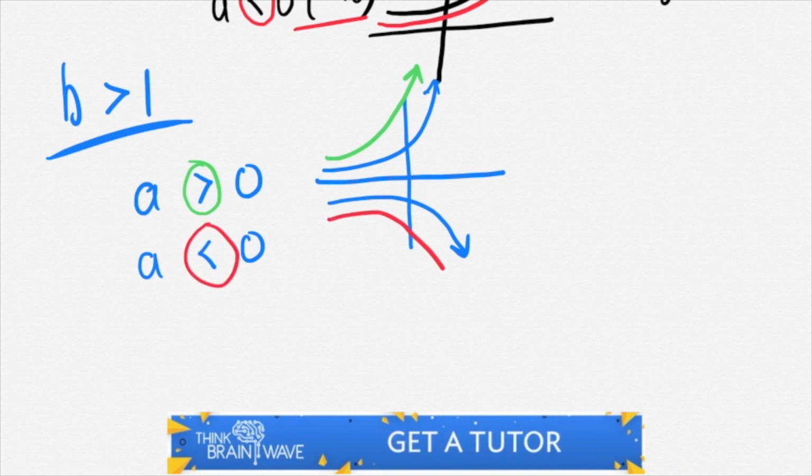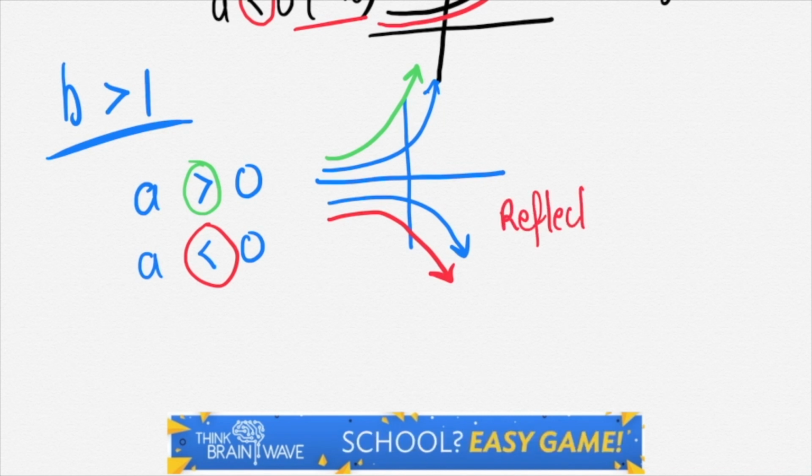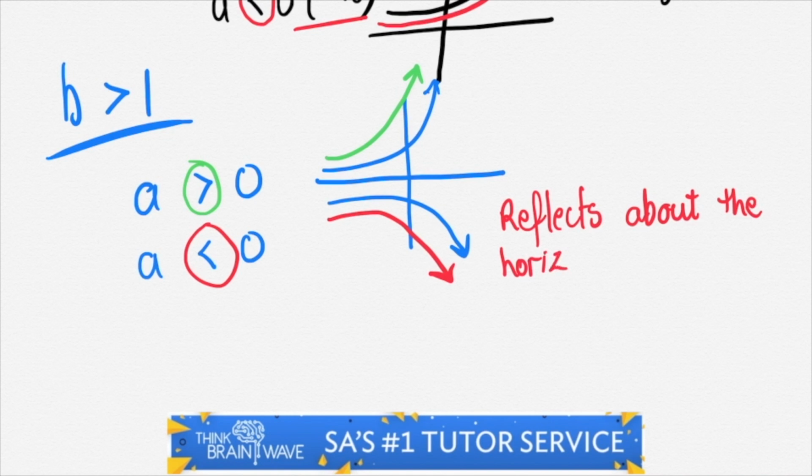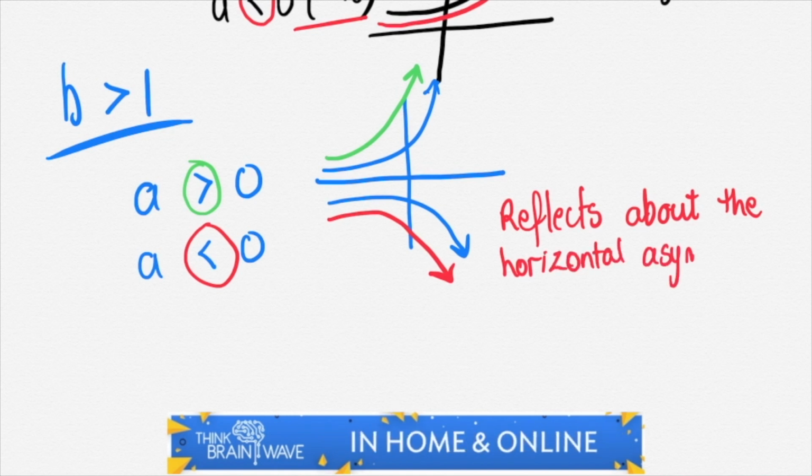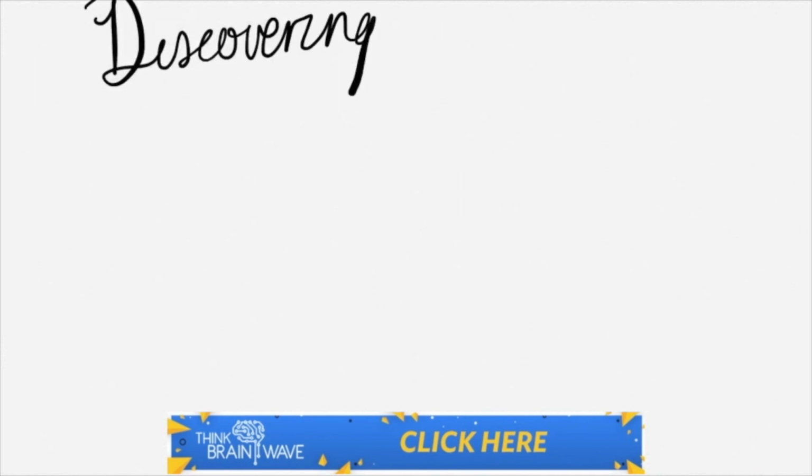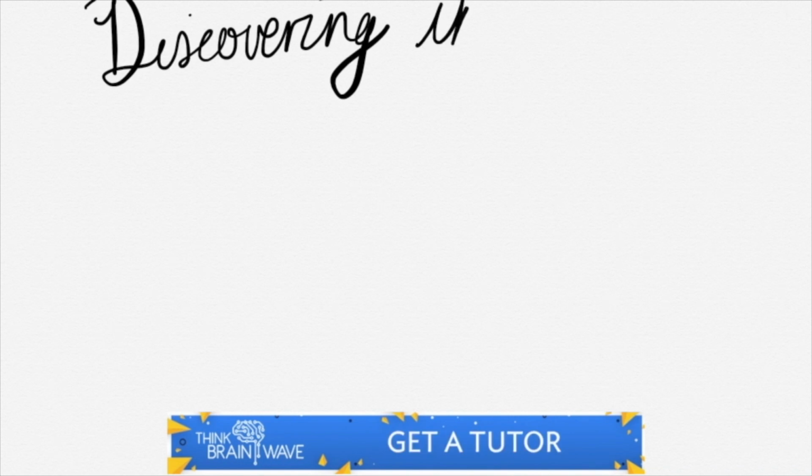And when a is negative, we see the same, a reflection about the horizontal asymptote. This is where people get confused very often, because they can't understand why sometimes a is positive but it goes upwards, and then sometimes it goes downwards, but it's all in the value of b.